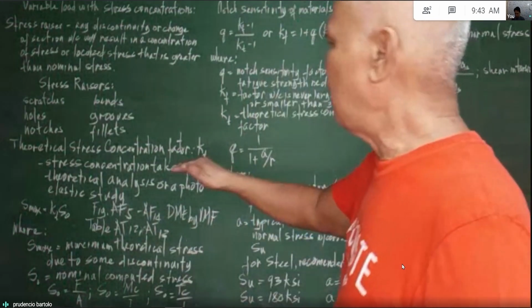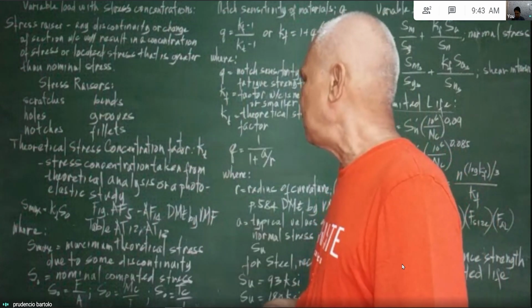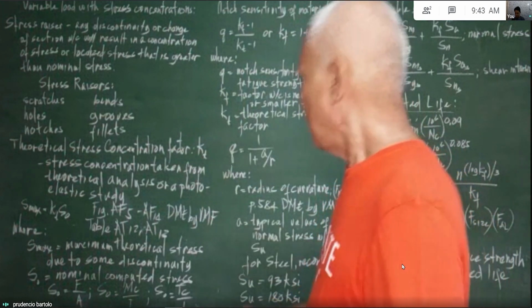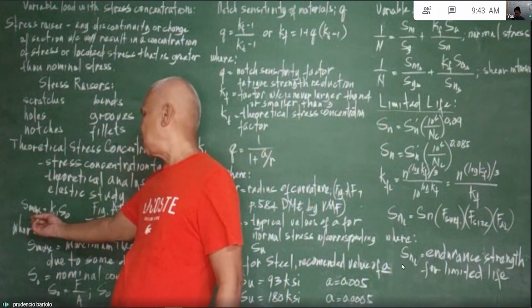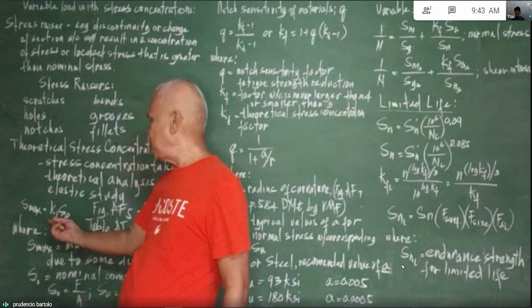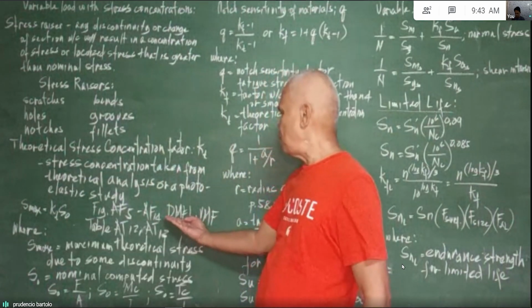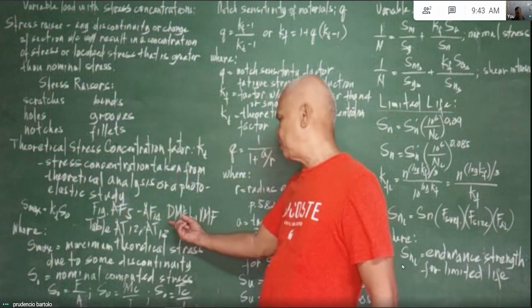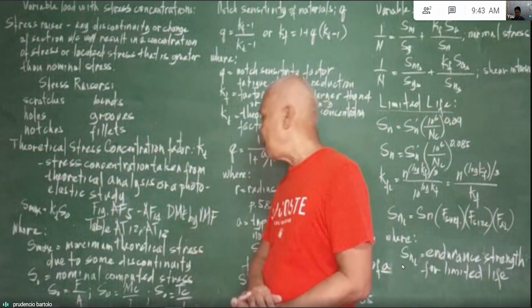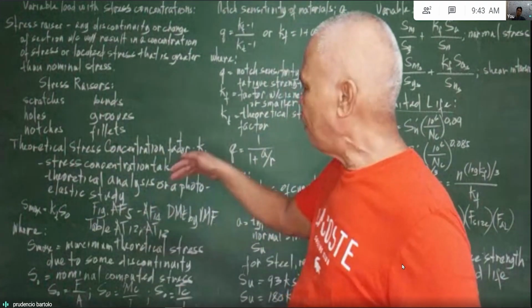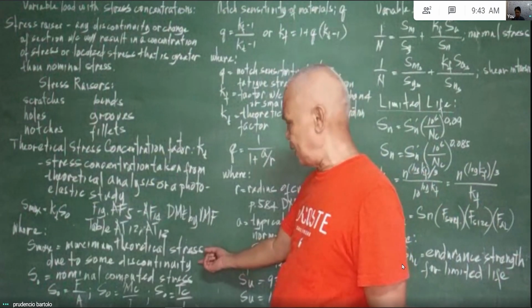So we will consider that the maximum stress is equal to Kt multiplied by the nominal stress. This is the formula for considering maximum stress. The value of the theoretical stress concentration factor Kt can be taken from figure AF5 to figure AF14, table 8012 and table 8013, where S max is the maximum theoretical stress due to some discontinuity.